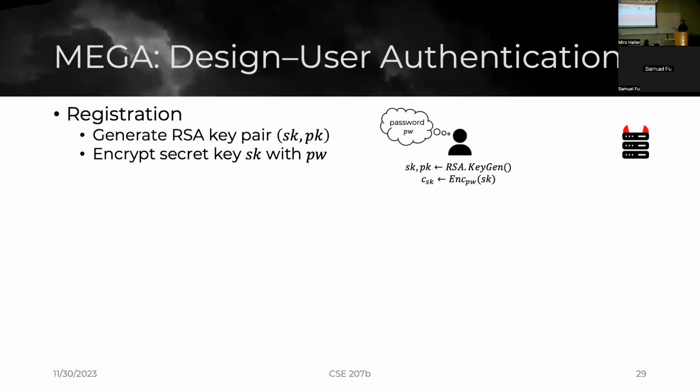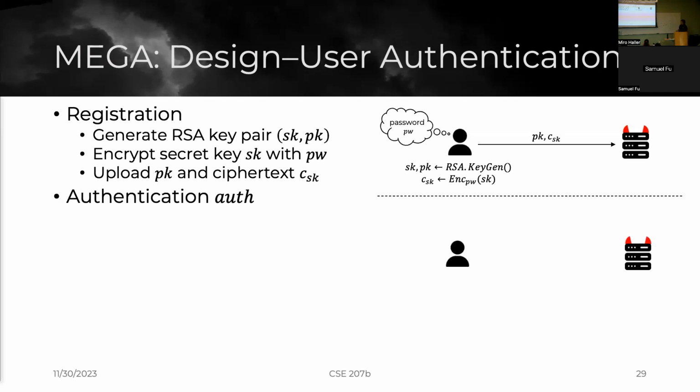Again, for the very same reason as before, if you want to decrypt your files on a different device, you also need to have your RSA secret key on that device, so you're outsourcing it to the server. During registration, the user uploads the public key and this encrypted secret key to the server. It looks very much like the same setting as for a key overwriting attack.